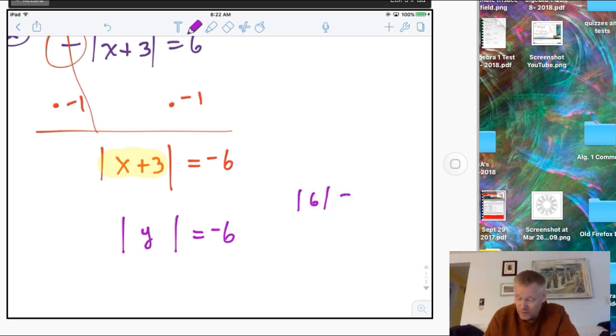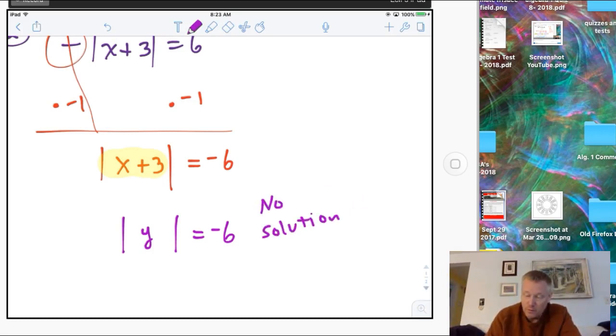The absolute value of 6 is 6, and the absolute value of -6 is also 6, which means there's absolutely nothing that you can plug in there for y and get a negative answer, which means anytime you've got the absolute value of something equaling a negative number, there's no solution.